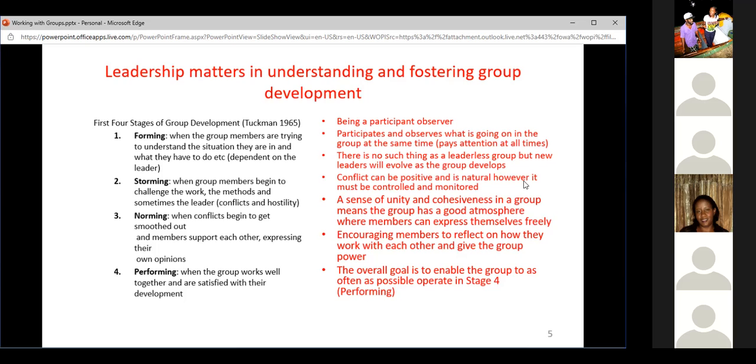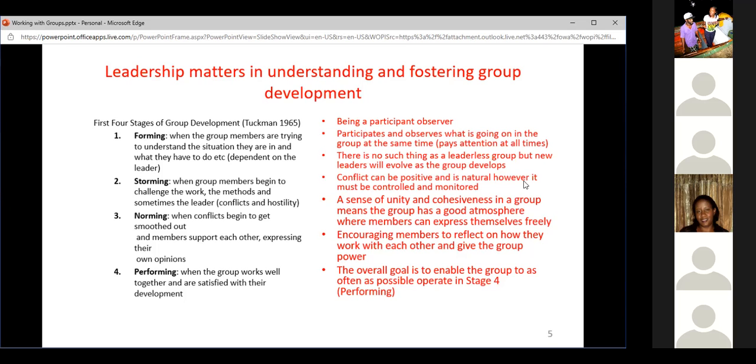Leadership really is a process of social influence that exists to maximize the efforts of others towards goal attainment. So in a group, we have individuals, and the role of the leader is to bring out the best in each individual member so that each member can give of their best in order to achieve the goal.